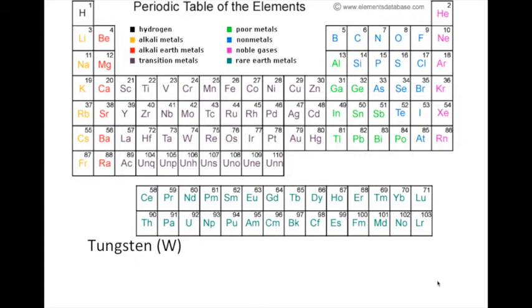Now, let's try one last one. Let's write the electron configuration for tungsten. Okay. Tungsten is right down here, number 74. So let's start off. Again, our Aufbau principle tells us we're going to start filling the lowest shell and the lowest orbital in that shell. So it's going to be 1s2, then 2s2, 2p6, 3s2, 3p6.